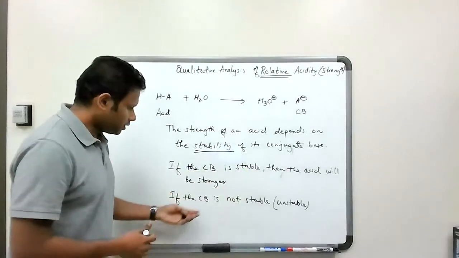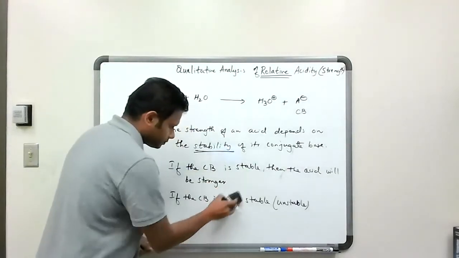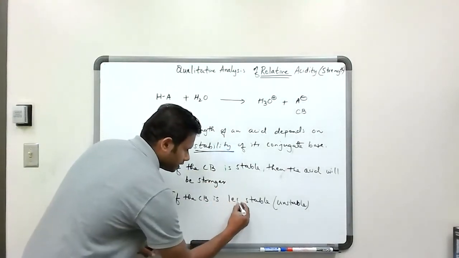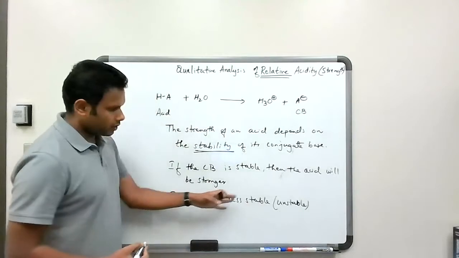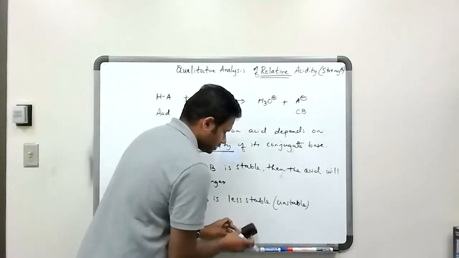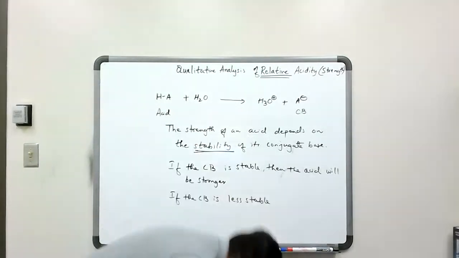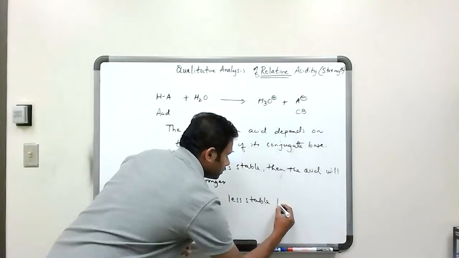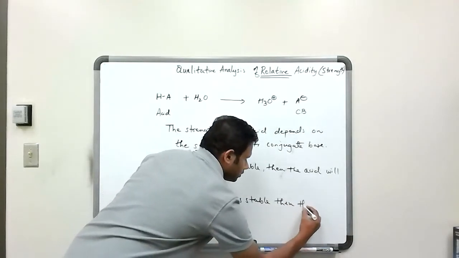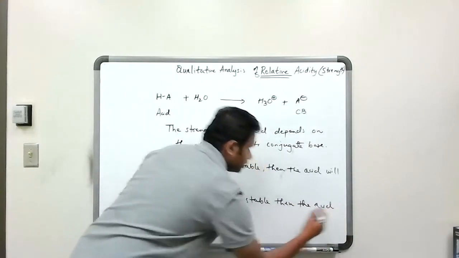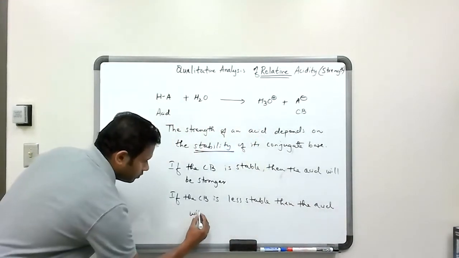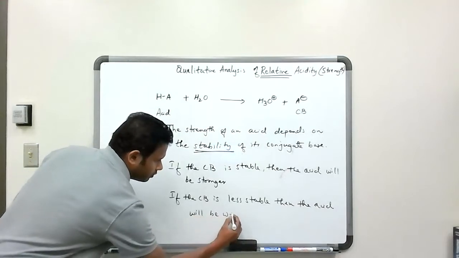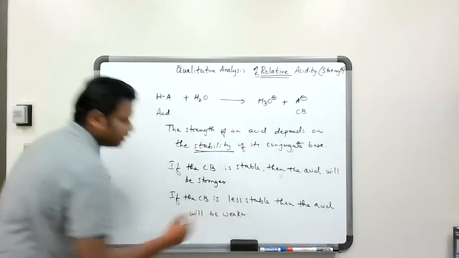And if the conjugate base is less stable, then the acid will be weaker.